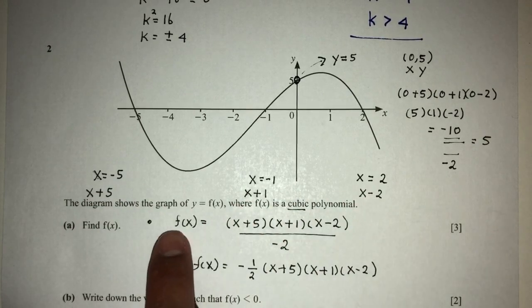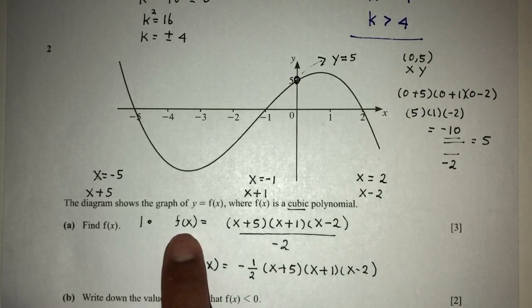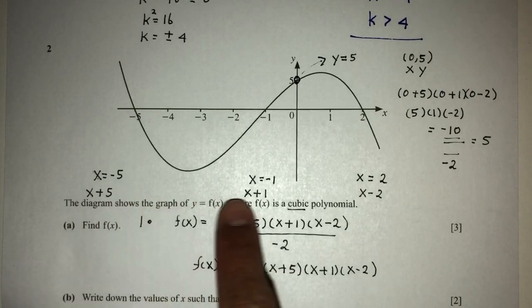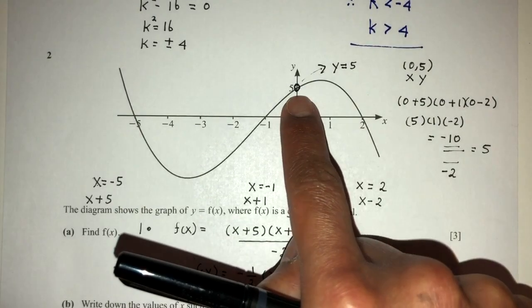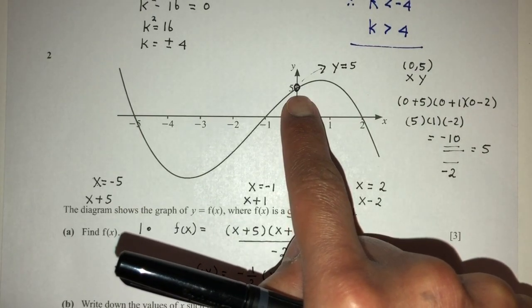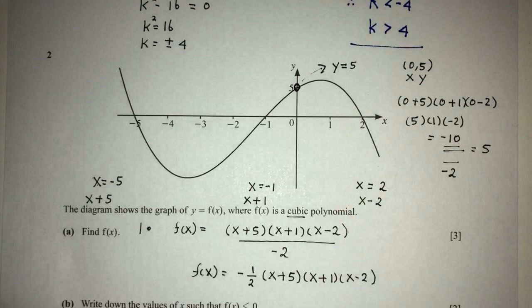Now the first thing I can write is, suppose that f of x equals this times this times this, for now. When you look at the y-intercept, you can see that it is the point (0, 5). Now we have to check if that is correct for our current equation.